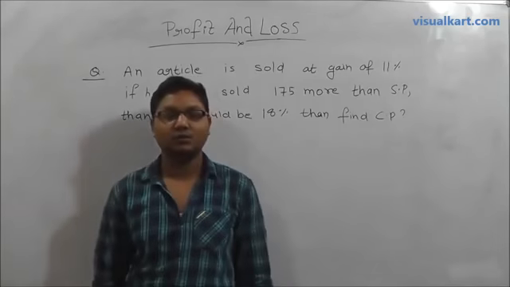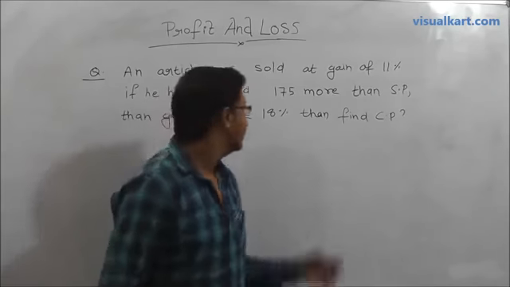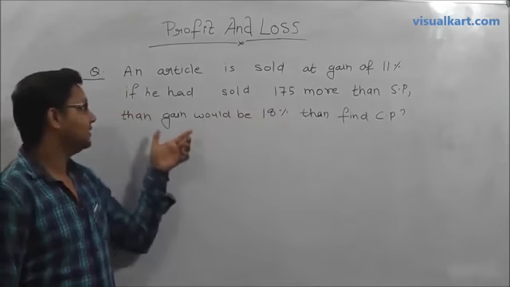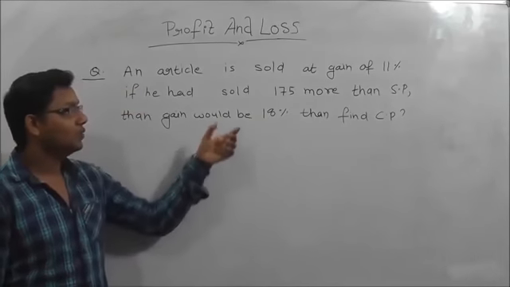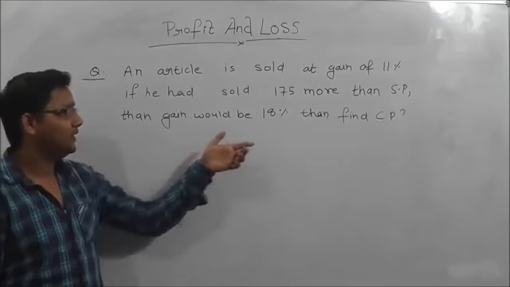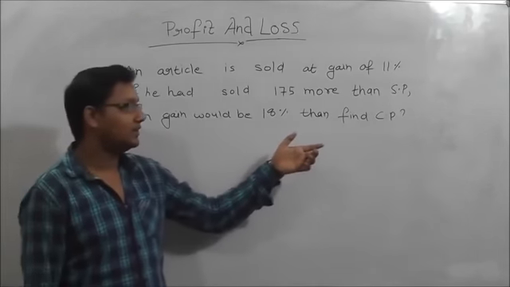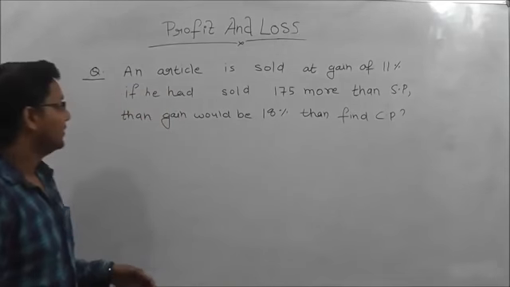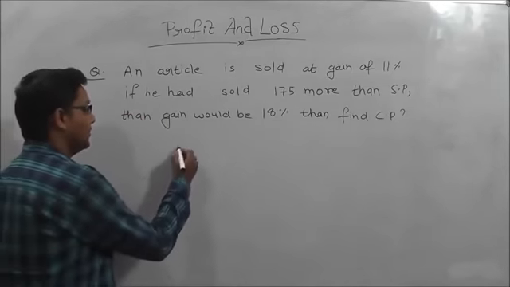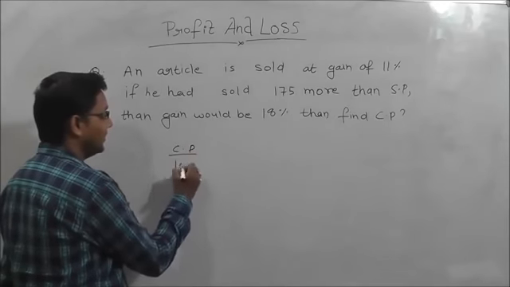Let us see one more question on profit and loss. An article is sold at a gain of 11%. If he had sold it for 175 more than the selling price, then the gain would be 18%, and we have to find the cost price. So let's take the cost price as 100.